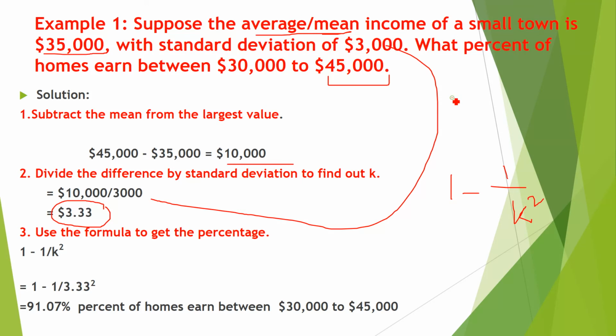I told you that with 3 standard deviations, 88.89% of the data falls in that range. But here it is 3.33, which means our answer will be more than 88.89%. So take the square of 3.33 and calculate it. We will get 91.07% of homes that can earn in this range.